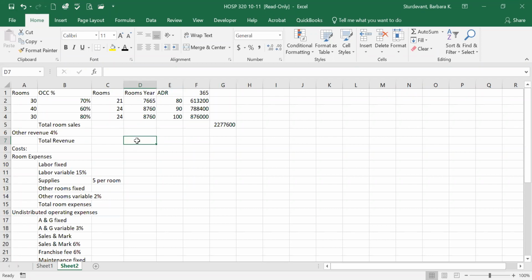By taking the room sales and dividing it by 0.96. And that will give us our total sales.